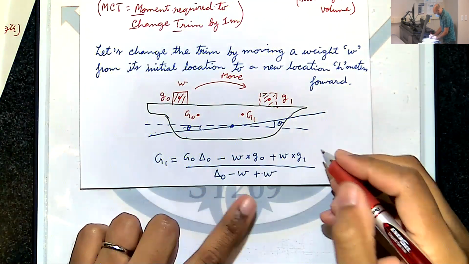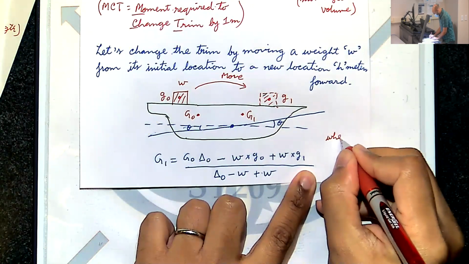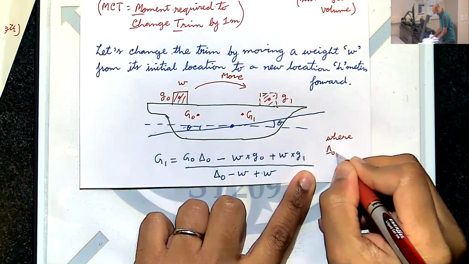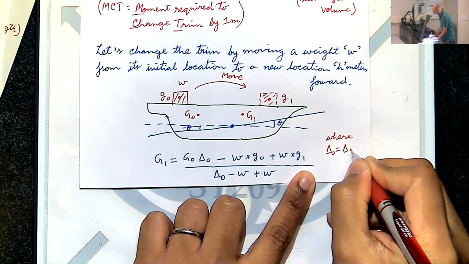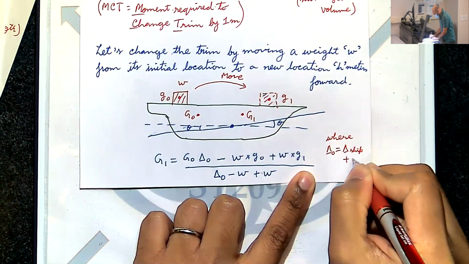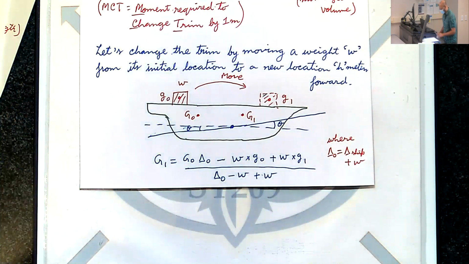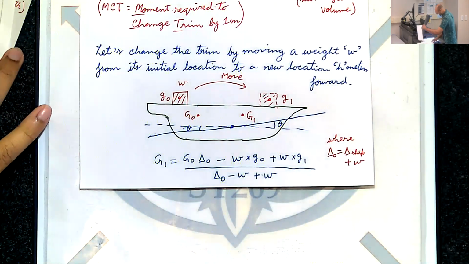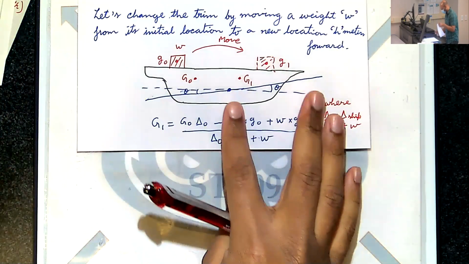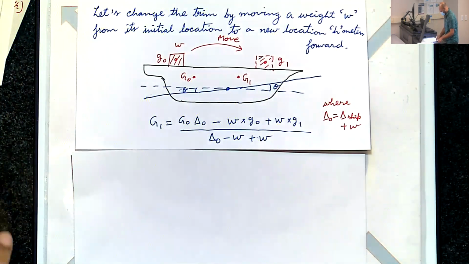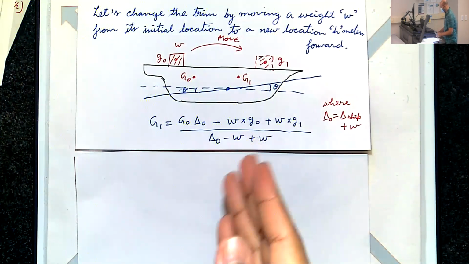And here delta 0 is the combined delta, ship plus W, because the W weight was already on board. We didn't add it. Okay, so that's our simple center of mass formula.